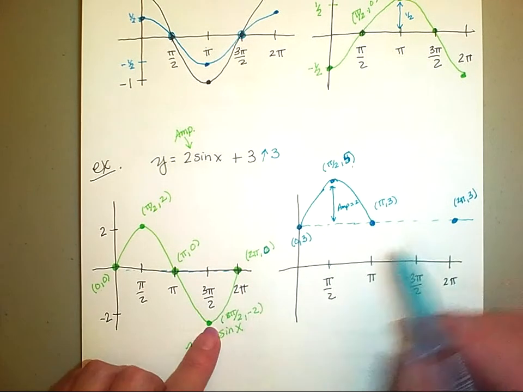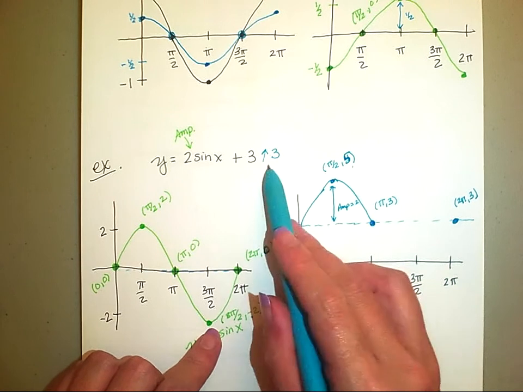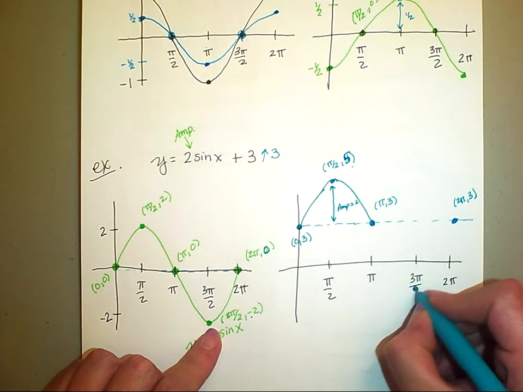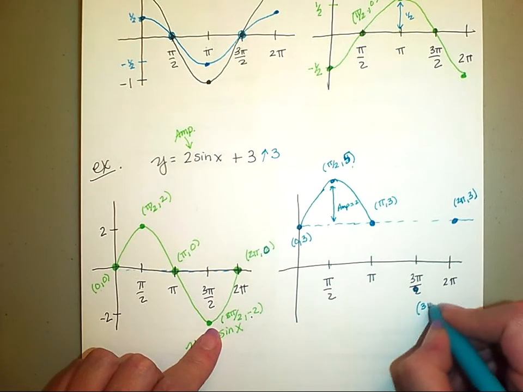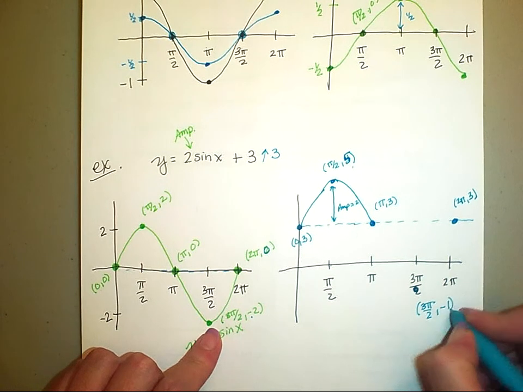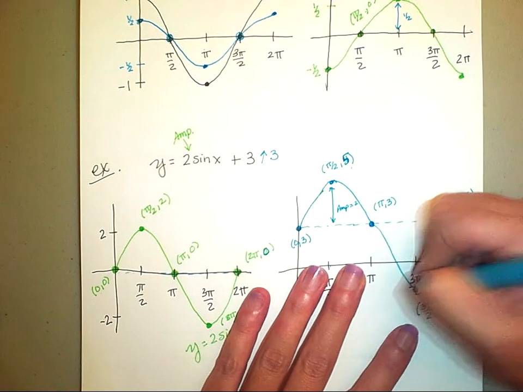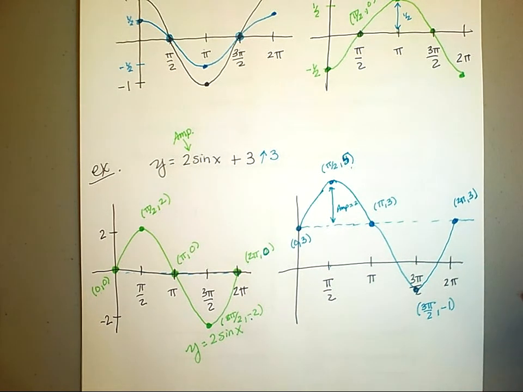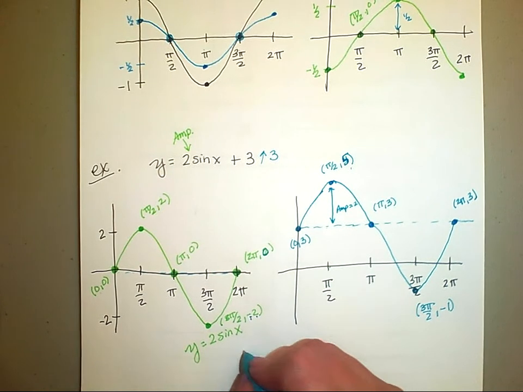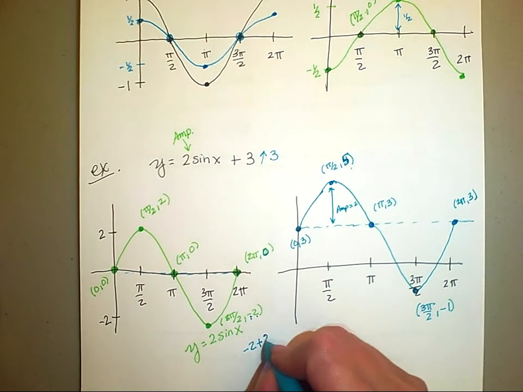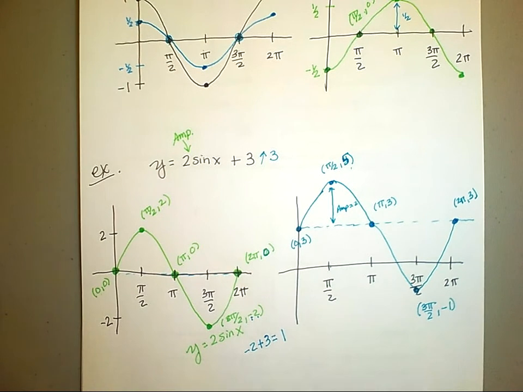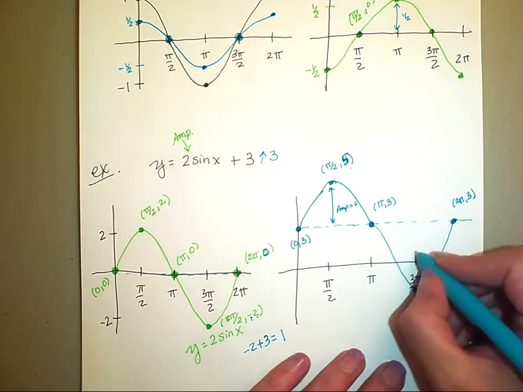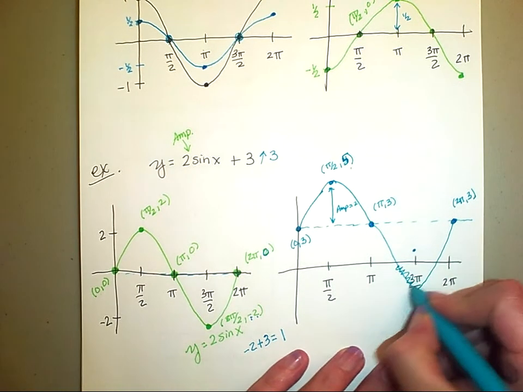Now from here, I'm at -2, but I want to go up 3 units, so that puts me down here at -1. So this is the point (3 pi over 2, -1). Oh my goodness, you guys. -2 plus 3 is equal to +1. I'm sorry, you guys.